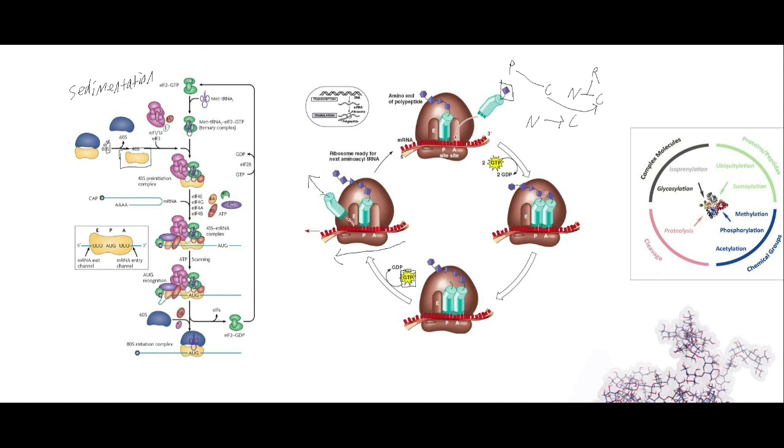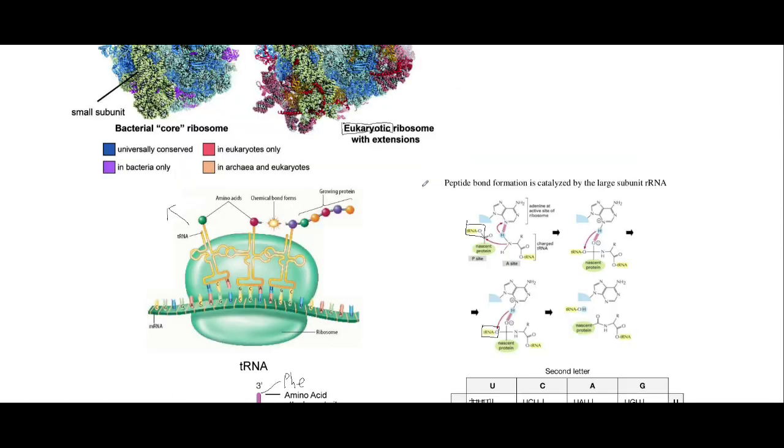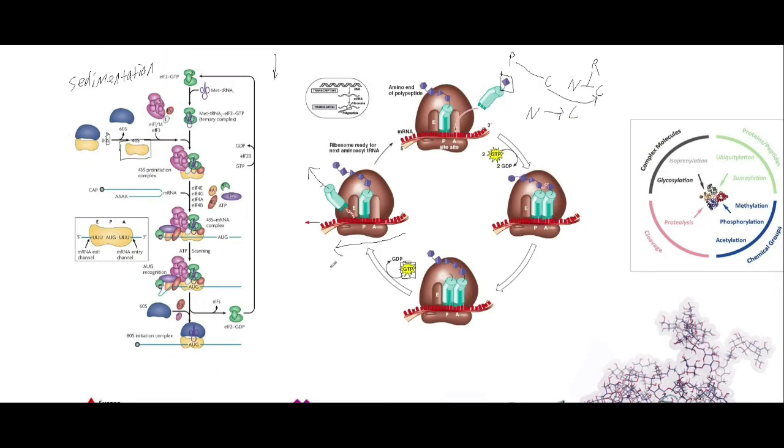So larger is going to be further down your sample in the centrifuge, and that's why you get this weird thing where our 60S and our 40S can come together, and it doesn't add up to 100S. I think it's 80S. So that weight unit is kind of strange. 80S is made out of the 60S and 40S. That doesn't add up, but these are just sedimentation units.